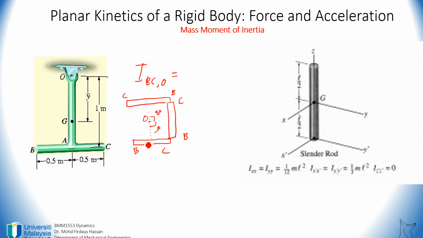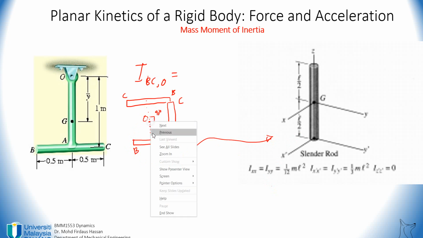But the thing is, you can see that the axis of rotation is here. So if you take these figures, can you compare this to this one? What is the mass moment of inertia equation that matches this condition, where you have to use the parallel axis theorem? You can use the parallel axis theorem.